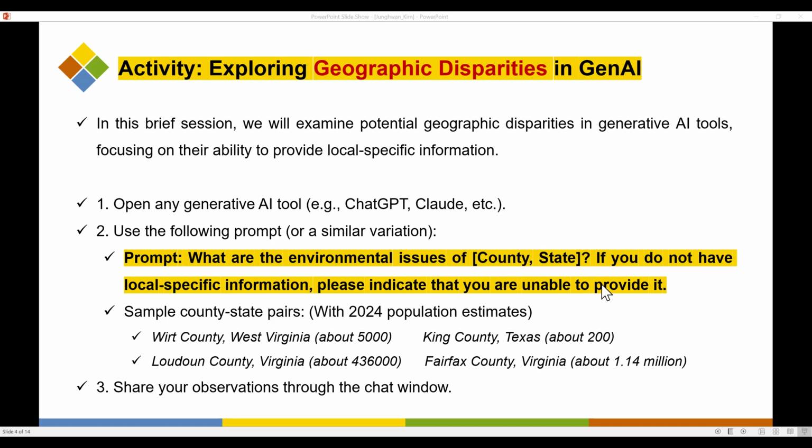Yeah, thank you, Marty. Marty, so you uploaded this kind of a prompt. Yeah, so in the bracket, you can just try to include some nearby county or the county where you live, etc. Feel free to share any observations.